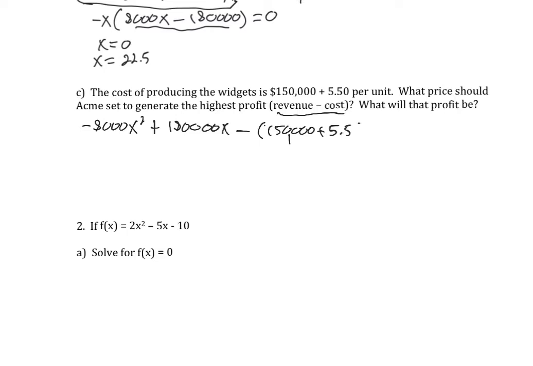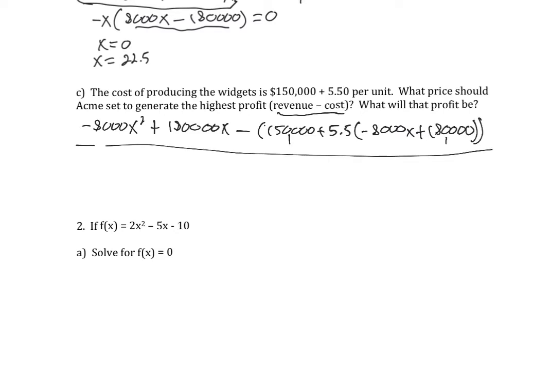Well, the number of units we already know is equal to negative 8,000x plus 180,000. And so this now, when we work it out, is going to give us our profits.